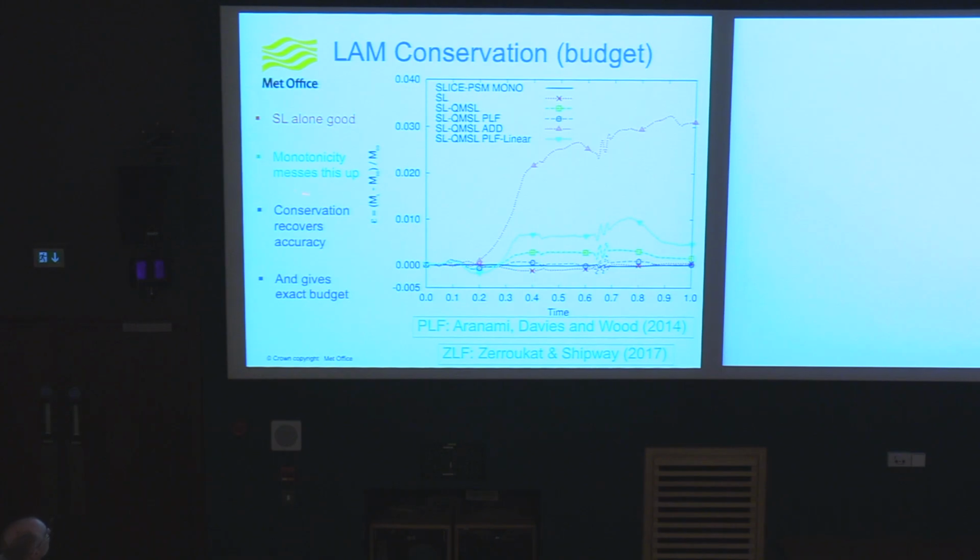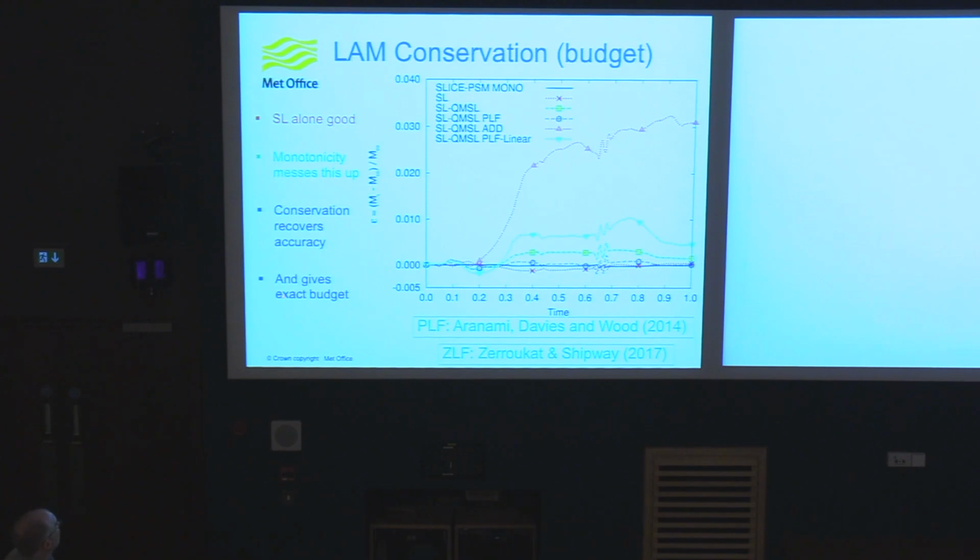It stays quite close to what it should do, 0. But if we then add on monotonicity, which we want to do to make sure that we don't get any overshoots, undershoots, or new extrema, then that actually messes things up quite badly. And so what we see from this is that the conservation scheme is principally correcting errors introduced by the monotonicity scheme.